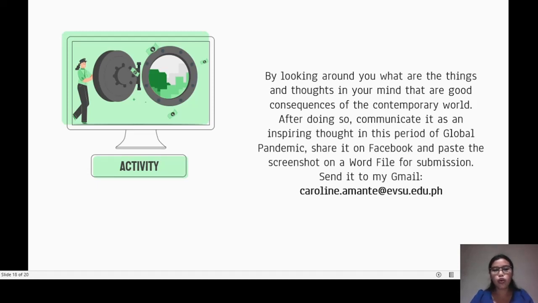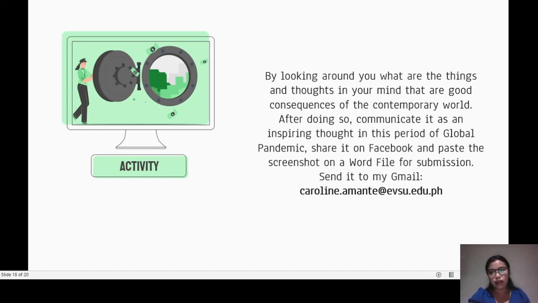After thinking that thought, communicate it as an inspiring thought in this period of the global pandemic. Share it on Facebook and paste the screenshot on a Word file for submission. Send it to my Gmail, or to my personal messenger account that I'm using to communicate with you guys. So, for example, how will you do this?